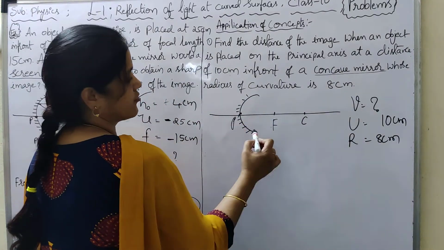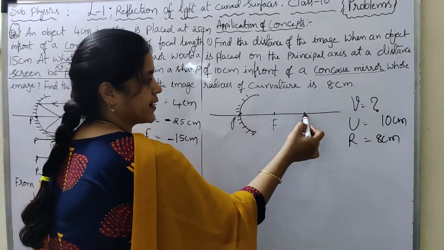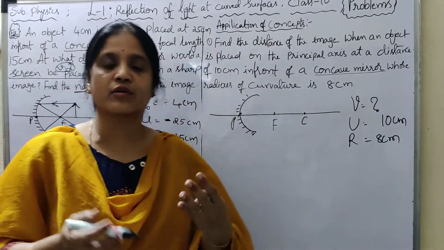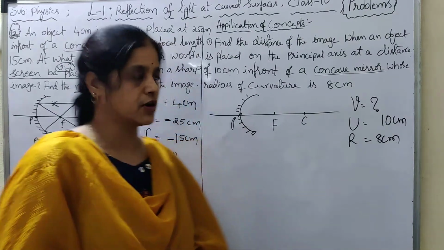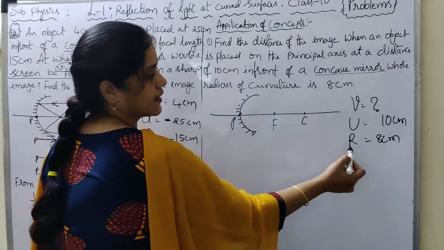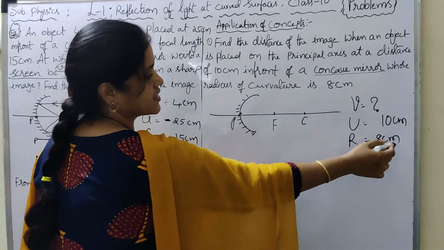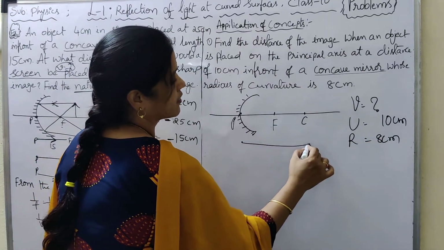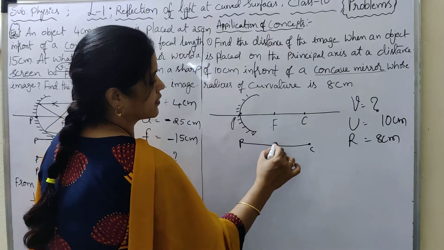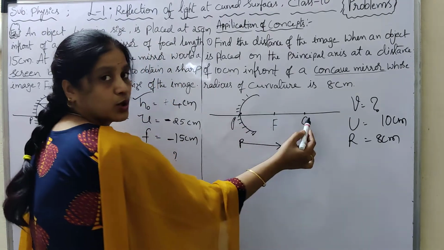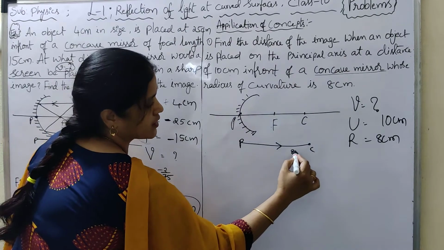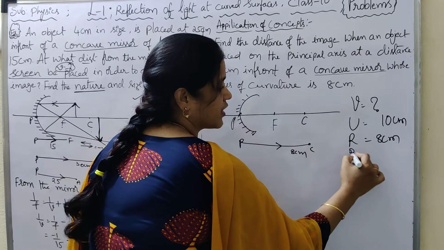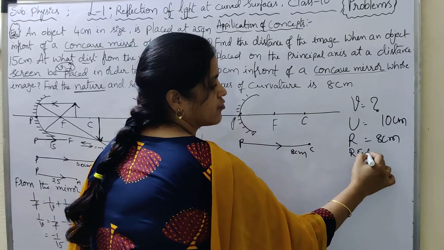See, first we have to find out whether the radius of curvature or the focal length is given. Then only we will find out where the object is located on the principal axis. Here R is given. R is how much? 8 centimeters. R means from the pole to the center. So you have to measure from pole to center. This is 8 centimeters. There is a relation between radius and focal length.